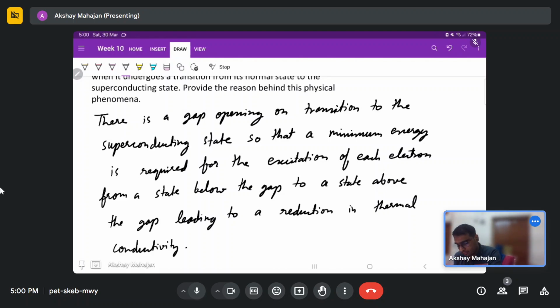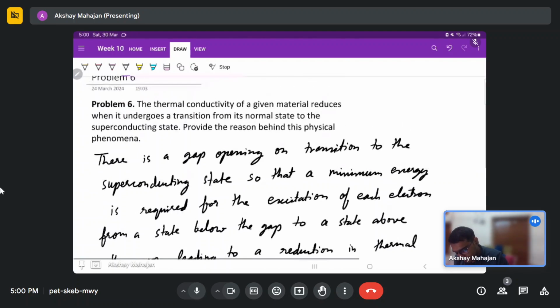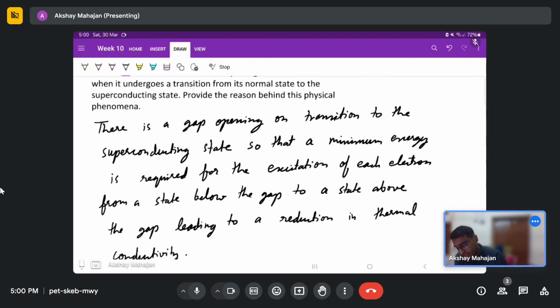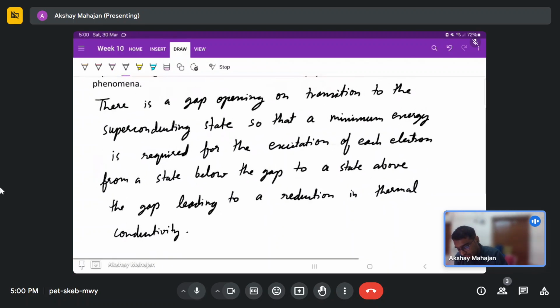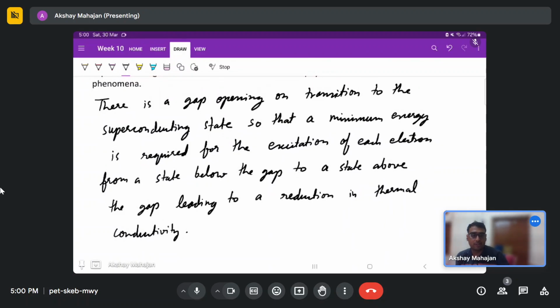Basically, what happens is that when we make this transition from the normal state to the superconducting state, there is a gap opening, so we require a minimum energy for the excitation of each electron from a state below the gap to a state above the gap. For thermal conductivity, we need to excite the electrons.